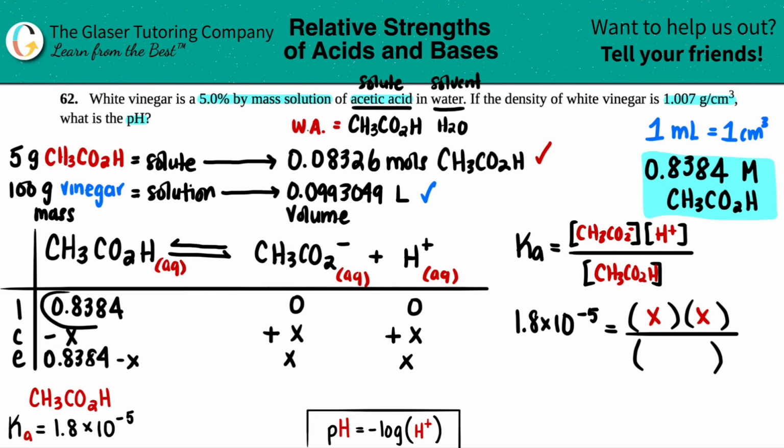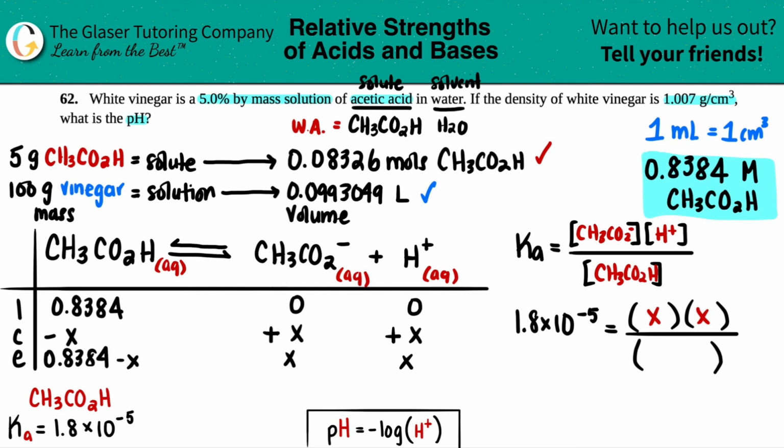If you started with all reactants and you're going to end with mostly reactants, did this X change? No. The change is going to be so small that you're probably still going to be very, very close to 0.8384.